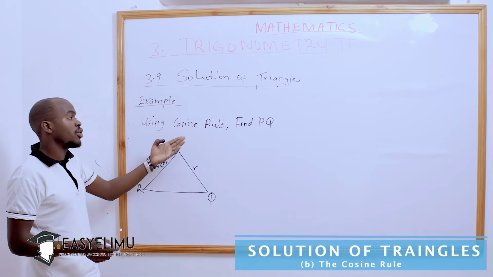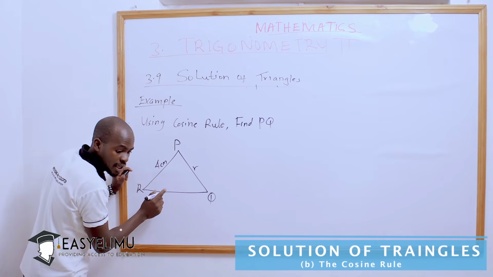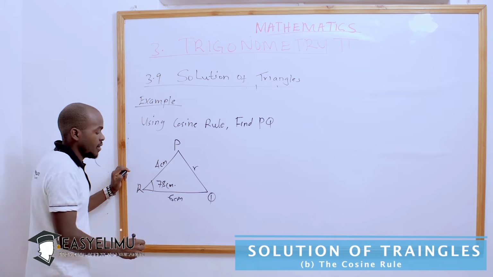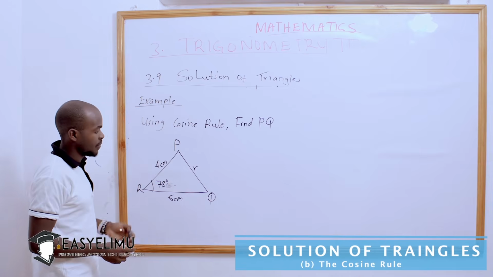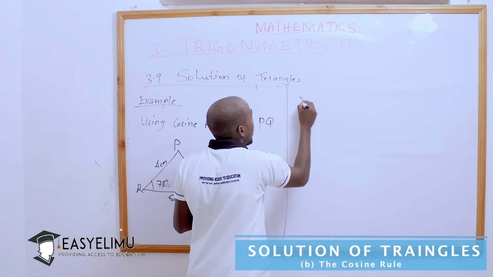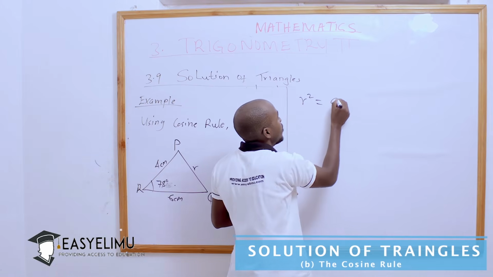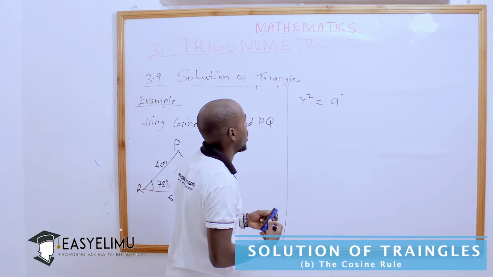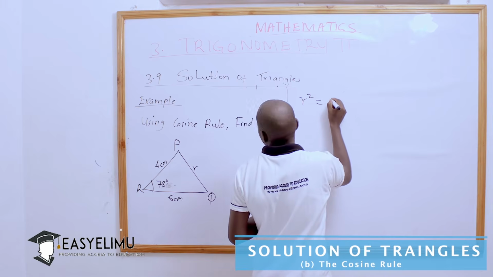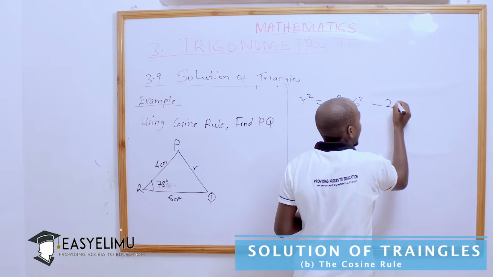And we have here: using the cosine rule, find PQ, whereby you have been given this side as 4 cm, the other one is 6 cm, and this angle you have been given is 78 degrees. So using the cosine rule, if you want to find this side, then r squared is equal to 4 squared plus 6 squared minus 2 times 4 times 6 times cos of the angle.